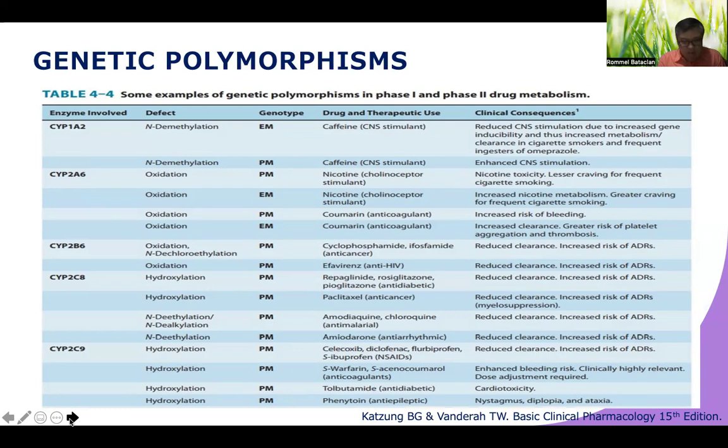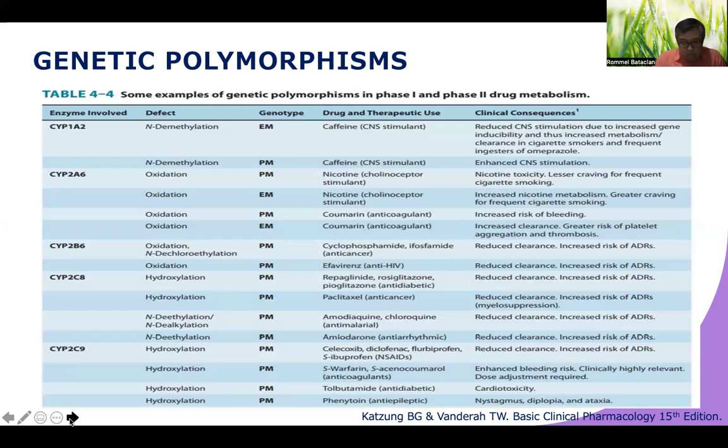If the drug is metabolized too slowly because of that polymorphism, it can lead to toxicity. If the drug is metabolized too quickly, on the other hand, it may not reach therapeutic levels, which would lead to drug resistance or less efficient delivery of the drug, even at the recommended doses.